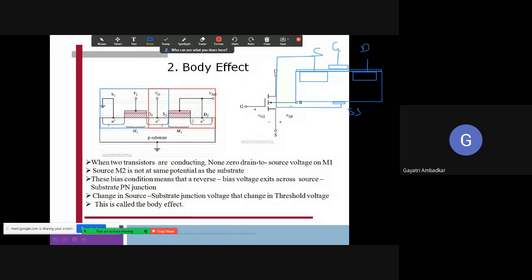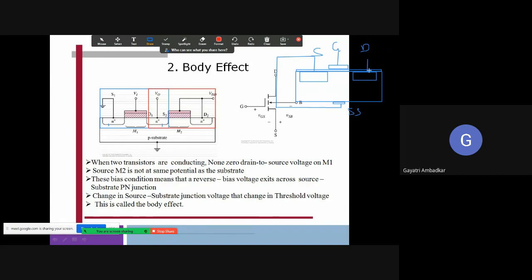Then there is a gate and there is a drain. Now if you see the structure combined, this is one source, this is one drain. Further, we will be connecting both together in series. So when multiple MOSFETs are formed in series, the drain of the first MOSFET becomes the source of another MOSFET.